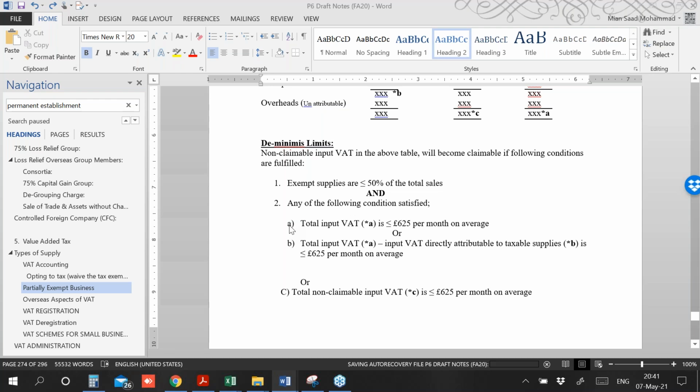For example, I'll give you an example of a business which is partially exempt: a college. A college deals in exempt courses as well as taxable courses. Now, obviously, there is a chance that the college might be using the same building for both types of courses. So the overheads incurred on exempt courses and taxable courses are difficult to find out.